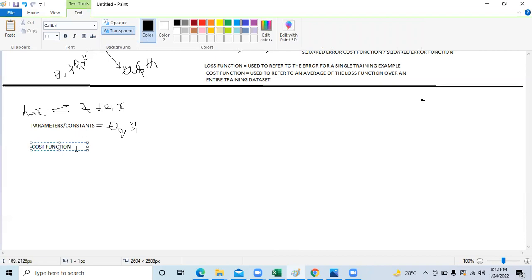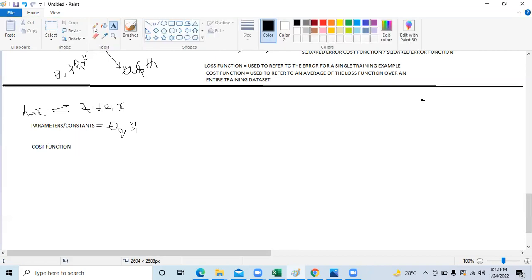Our cost function, which is J of theta 0, theta 1, equals, and you should remember this off by heart, 1 over 2m, summation, of course, because we have more than one data point.